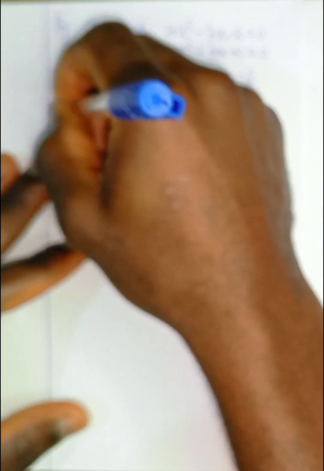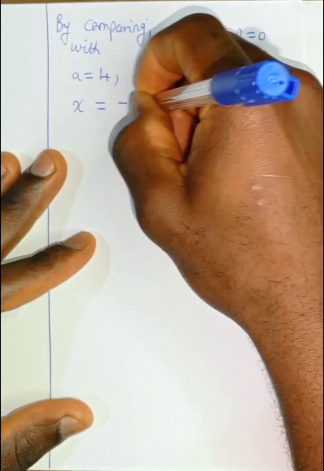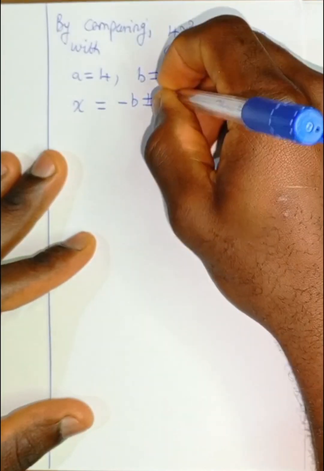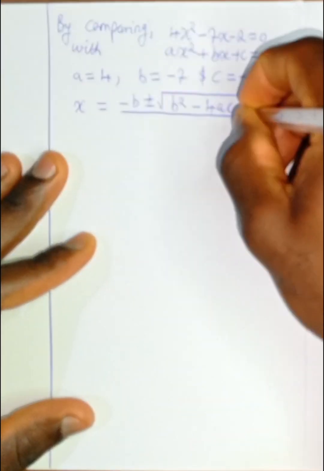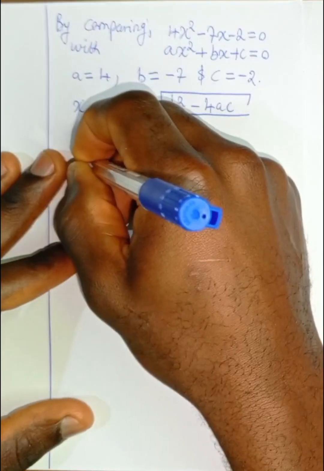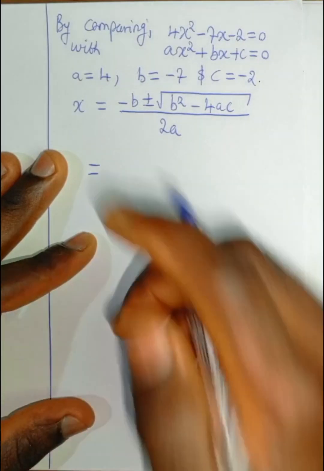So by using our quadratic formula, we know x is equal to negative b plus or minus the square root of b squared minus 4ac all over 2a, which will simply be equal to, we are going to insert the values of a, b, and c.